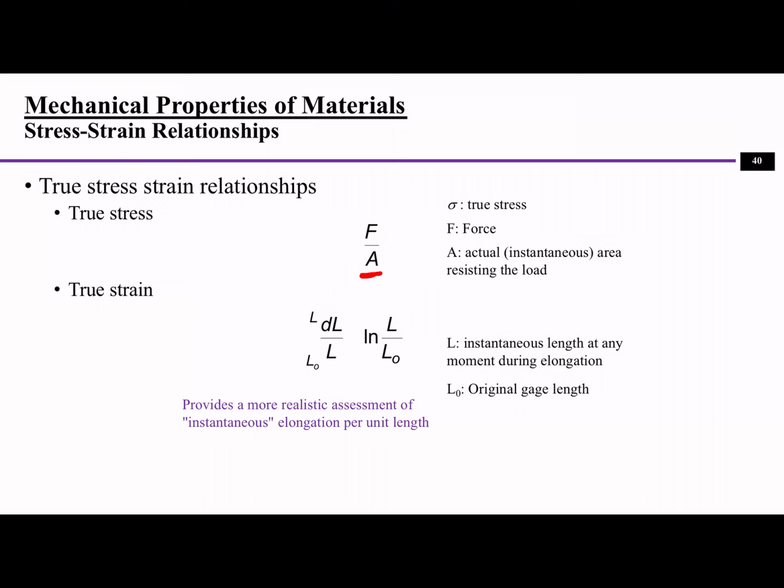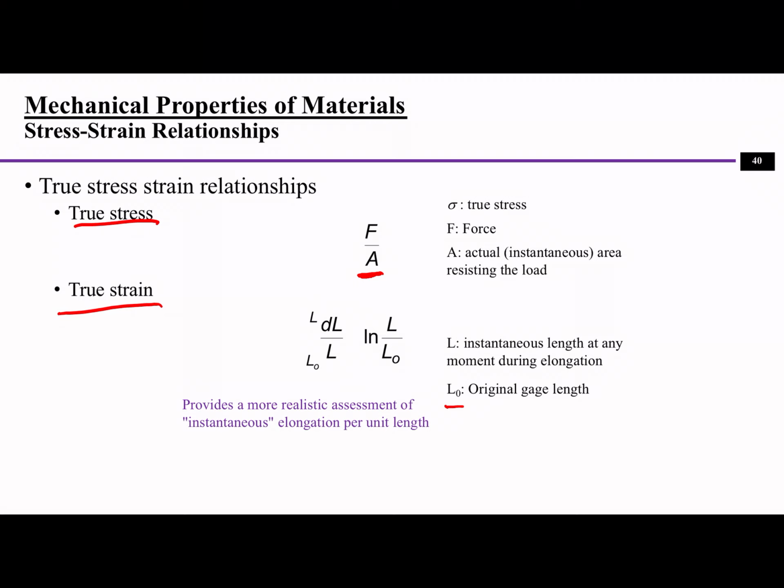If you are using this original length, for example, 1 minute later, the length will probably be much higher than the length at the 1 minute prior time. So that's why the strain also cannot always be measured with L0. So L0 is a changing value, and A is also a changing value throughout this kind of tensile test.